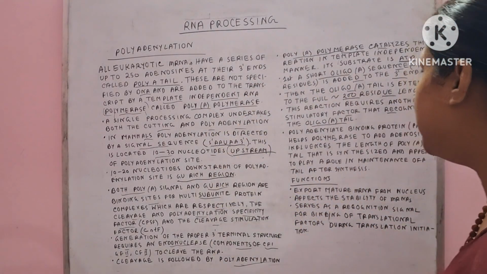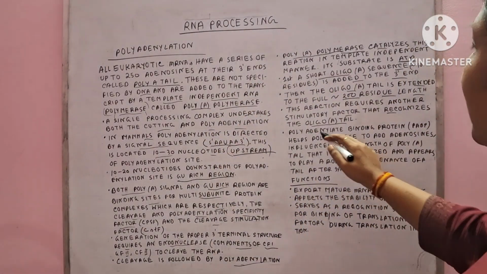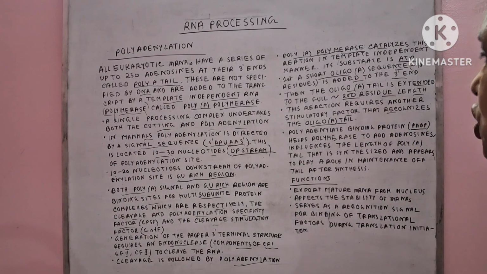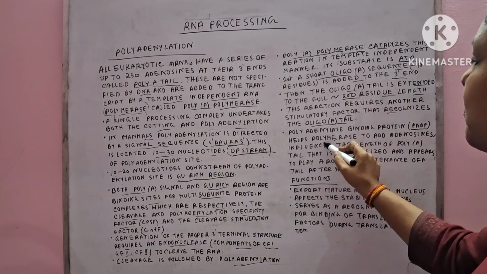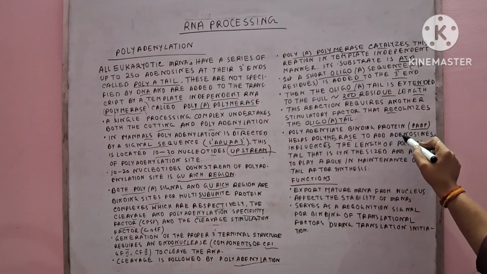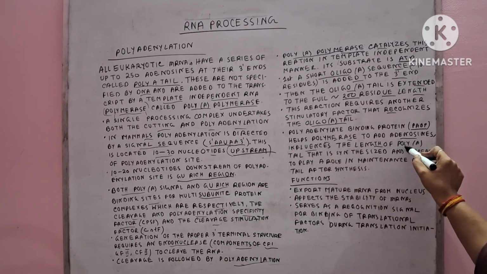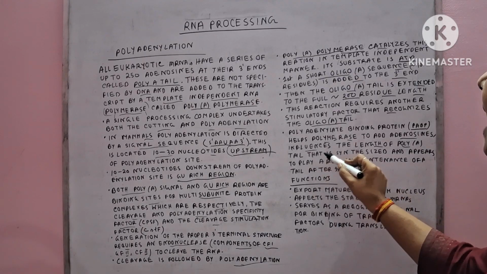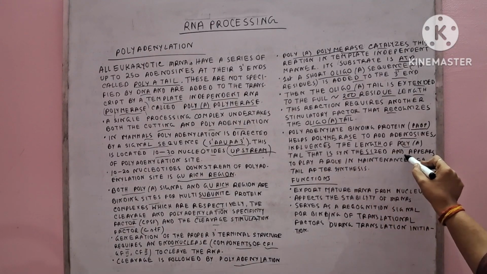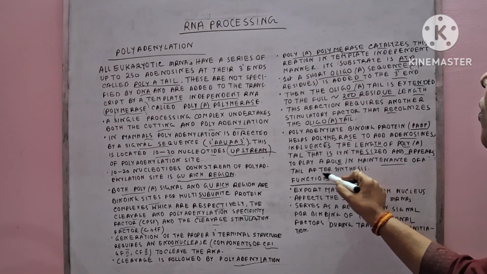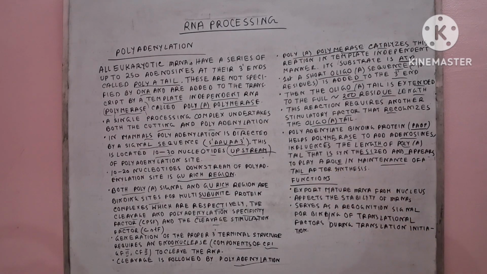3' end. Clear? The polyadenylate binding protein, called PABP in short form, helps the polymerase to add adenosines, influences the length of the poly A tail as it is synthesized, and appears to play a role in maintenance of the poly A tail.